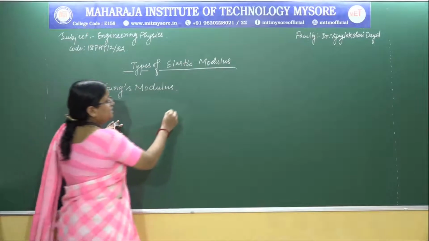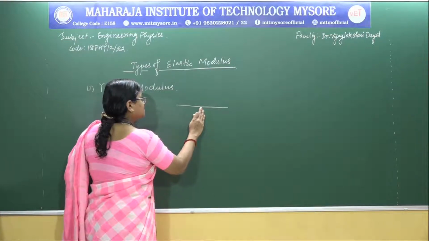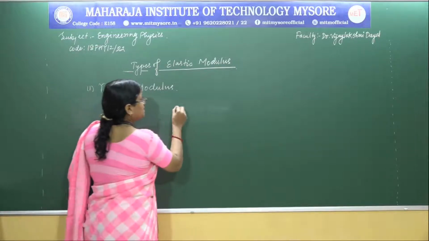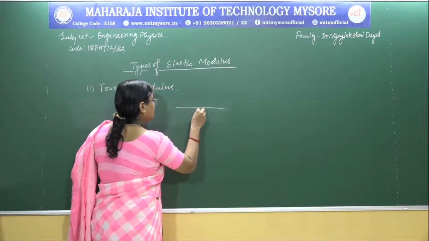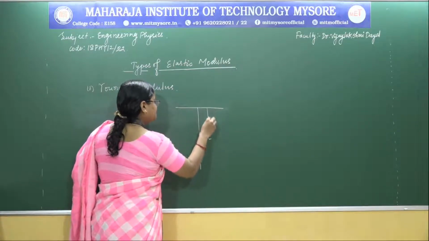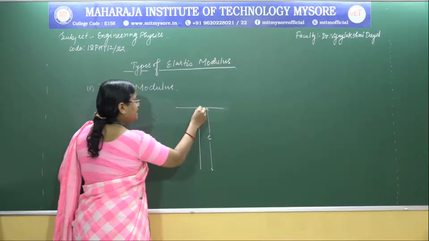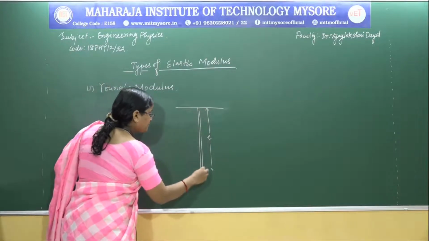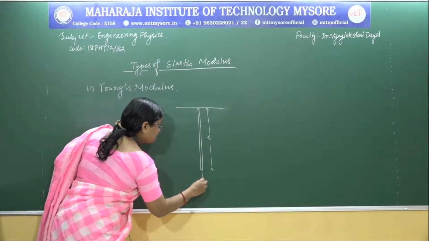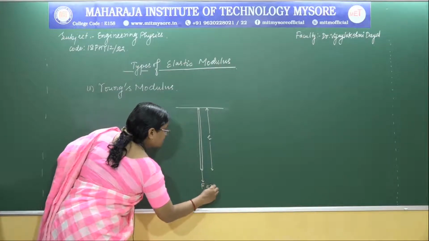For this we will consider a wire of length L, attached to a rigid support. The length of the wire is L, and a force is applied at the lower end of the wire.